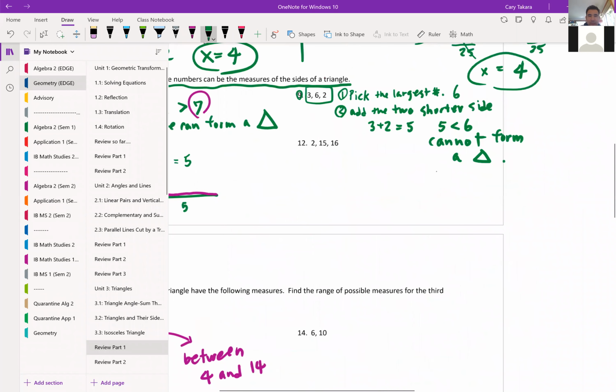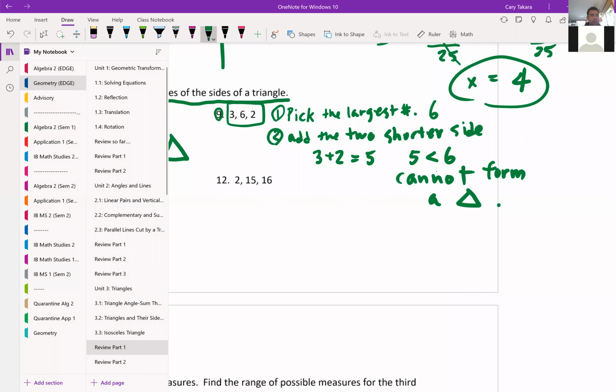Okay, let's get back to number 12. Can you form a triangle? Again, go through the 2 steps. Let's pick the largest number, which is 16. Now we're going to add the 2 shorter sticks. 2 plus 15, which is 17.